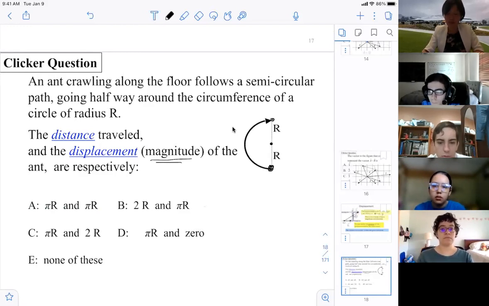What is that distance traveled and what is the displacement traveled?